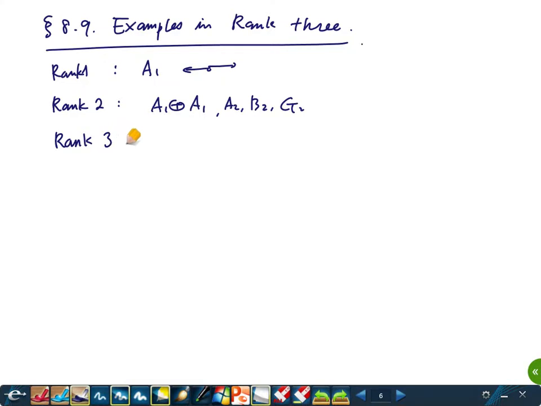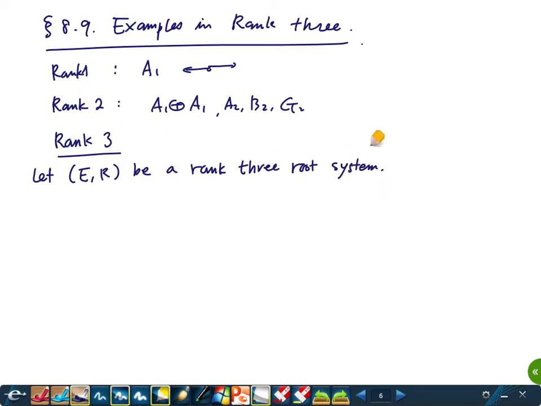So let this be a rank 3 root system, and suppose for the simpler case that R is reducible. What does that mean?